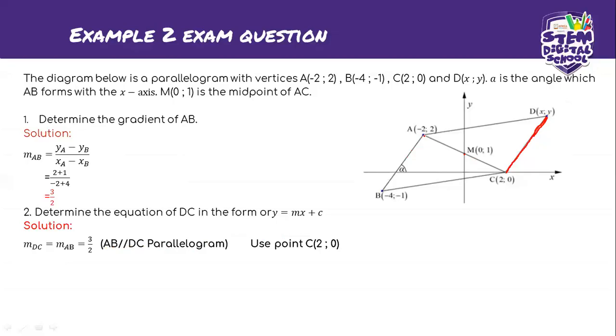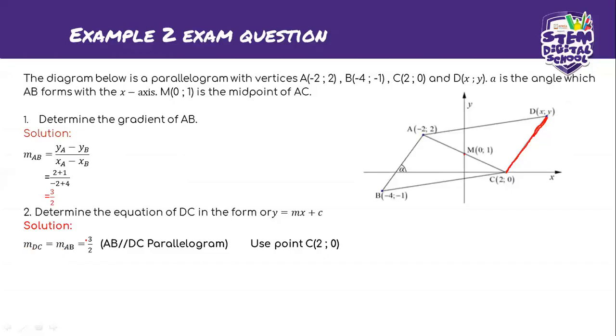Meaning the gradient of AB equals the gradient of DC, because they are parallel in a parallelogram. Hence we indicated that the gradient of DC equals the gradient of AB, right?